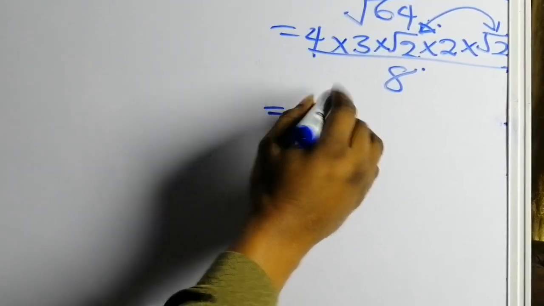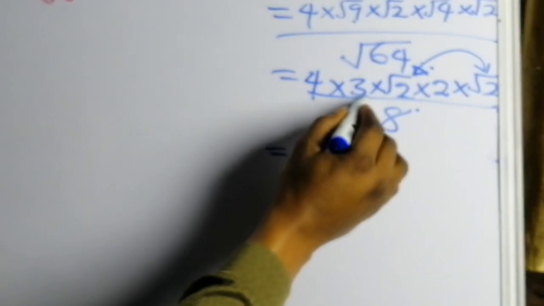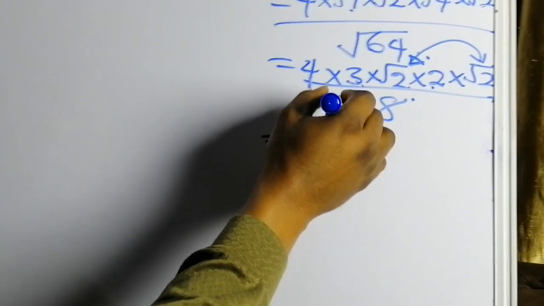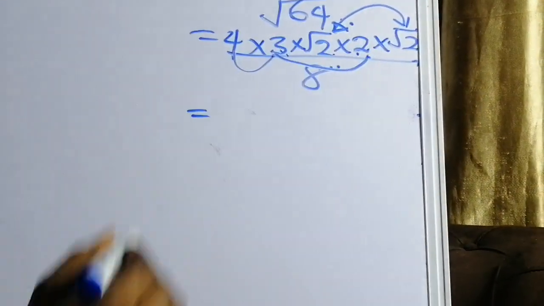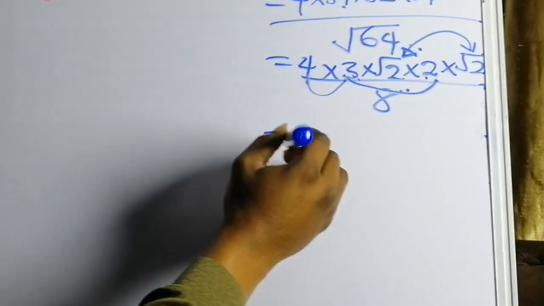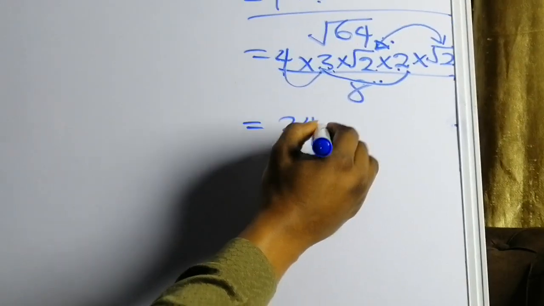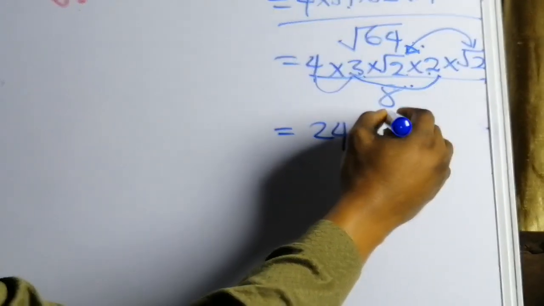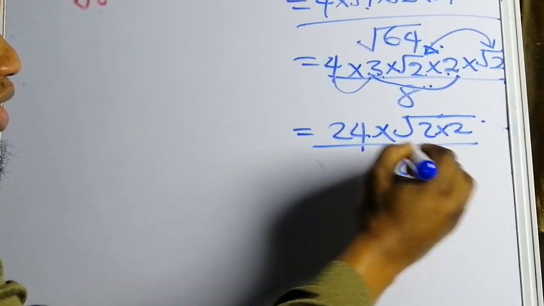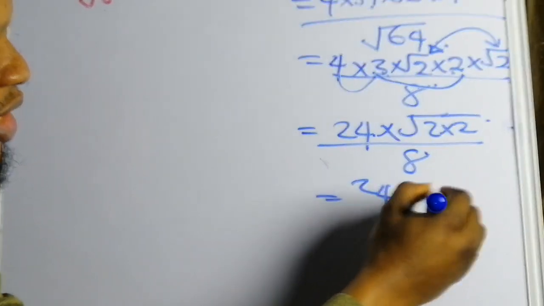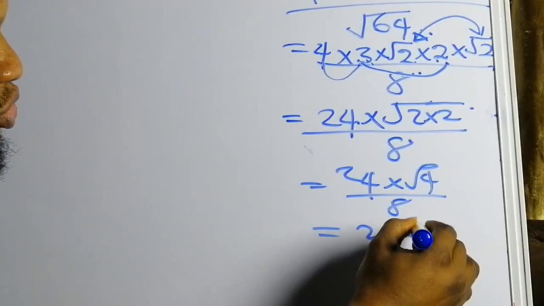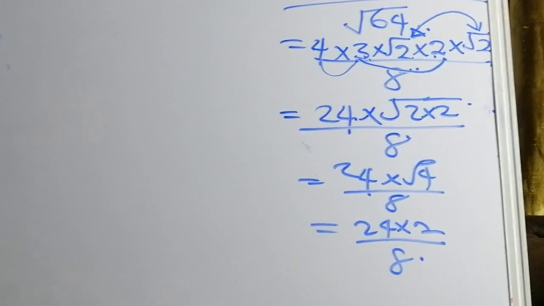So here I can say 4 times 3 is 12, 12 times 2 is 24. Then this one I combine: 2 times 2 by the multiplication law over 8. So that's 24 times root 4 over 8, so 24 times 2 over 8.